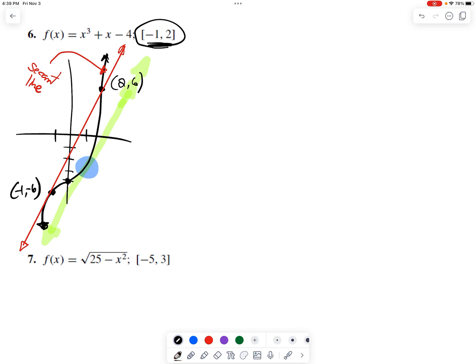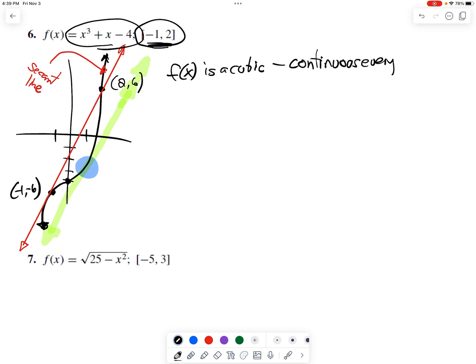First, we need to verify conditions. We know that x cubed minus x minus 4 is a cubic, so it is continuous everywhere. And f of x is also differentiable over that open interval.